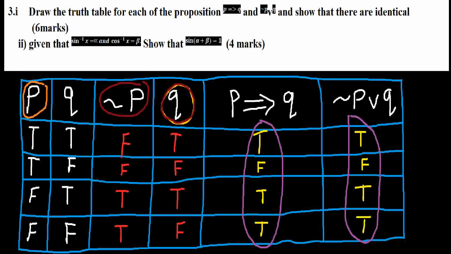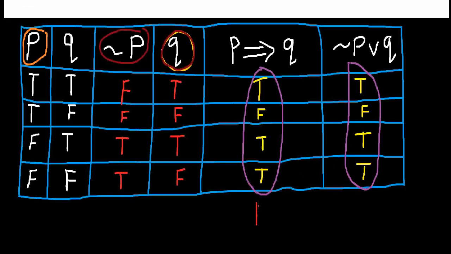So we conclude by simply saying P implies Q is equivalent to not P or Q, because in other textbooks you're going to be familiar with this equivalent sign, or they might even come and ask that show that P implies Q is equivalent to not P or Q. So you're going to follow the same steps.